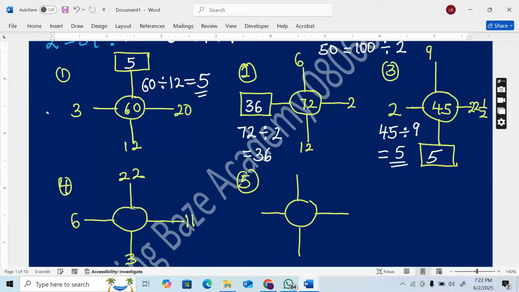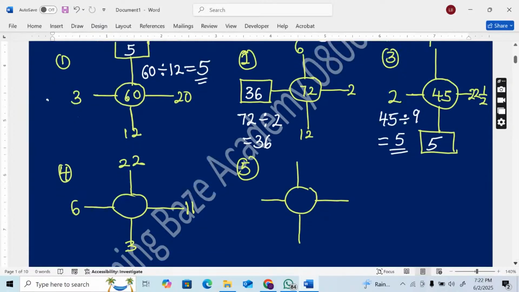Right, what's the answer to number 4? Quickly type your answer. Type your answer to number 4 in the chat with your name beside it. Don't forget that I said that your name must be beside your answer.